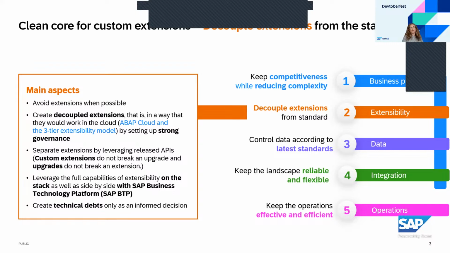You used everything in the system you could find, and therefore, you developed custom extensions, which in some cases were not stable and not so decoupled from the SAP standard. And this resulted in high adaptation and testing effort during upgrades because of this instability.